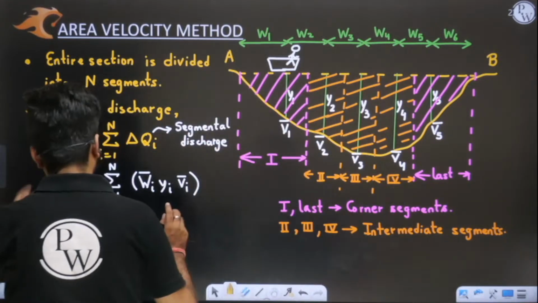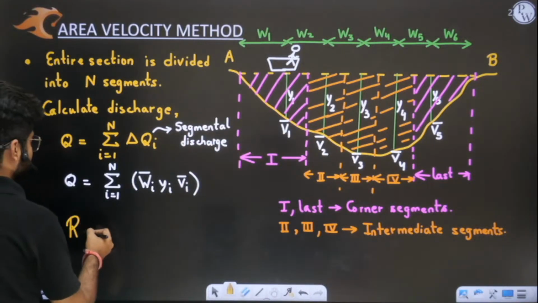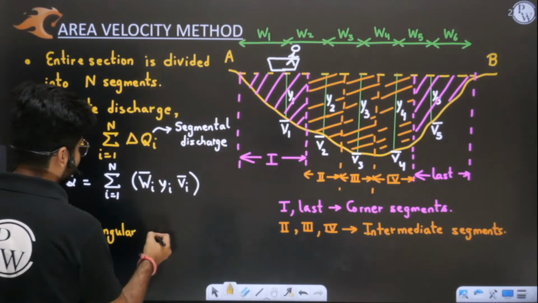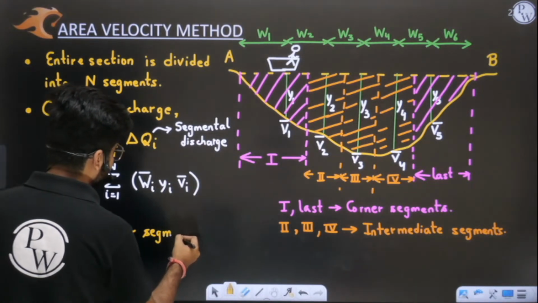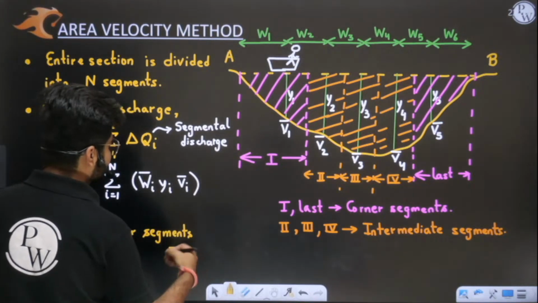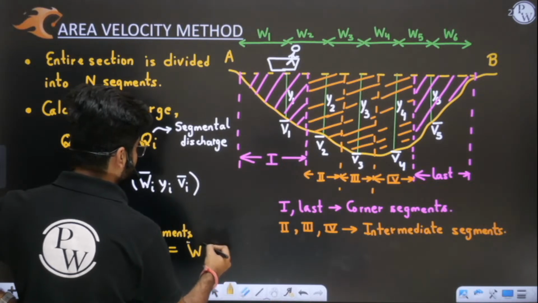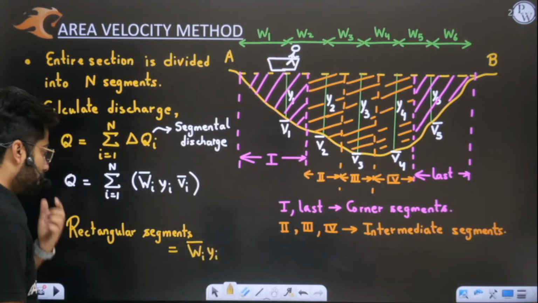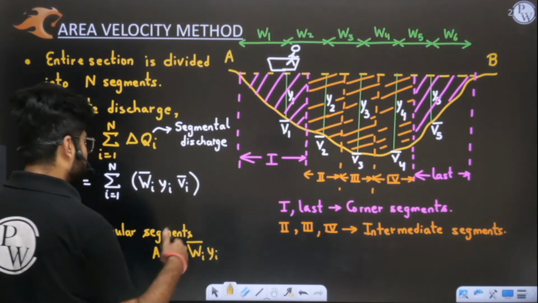We are considering all these segments as rectangular segments whose area will be given by average width into depth. This is the approximate area of a rectangle.